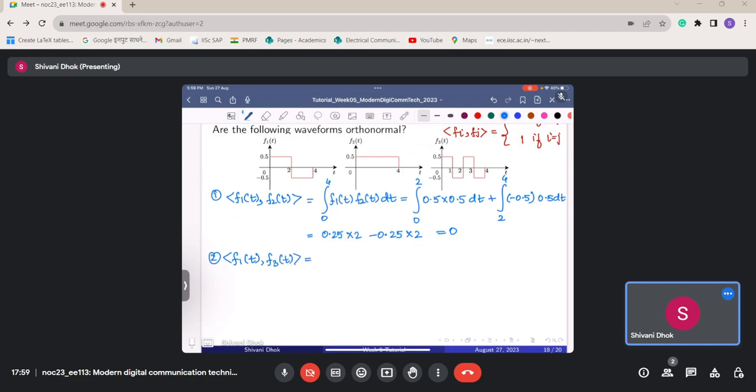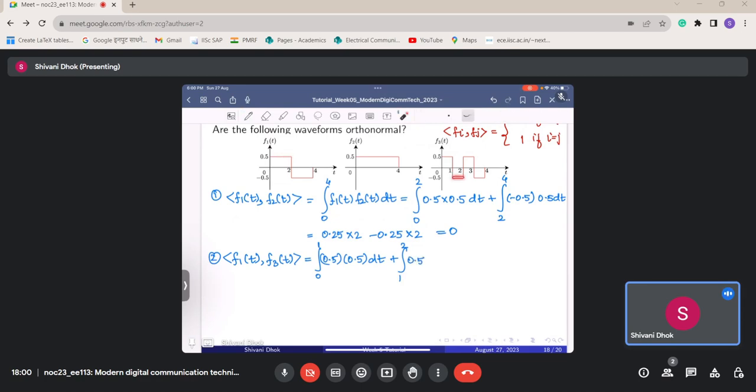Now see here, this f3(t) is changing its nature after every one interval. So basically we'll have to split this integral into 4 parts. So this will be equal to 0 to 1. Here in 0 to 1, f1(t) is 0.5 and f3(t) is also 0.5. So this is 0.5 into 0.5 dt, plus from 1 to 2, f1(t) is again 0.5.